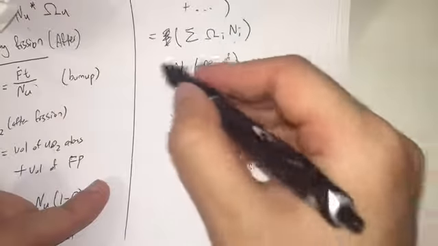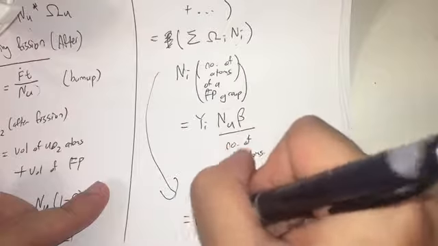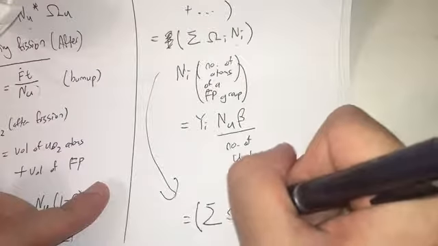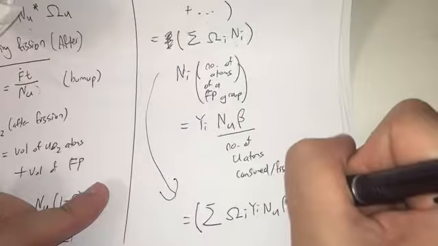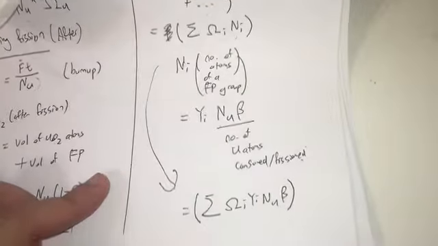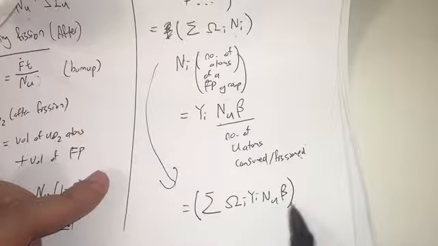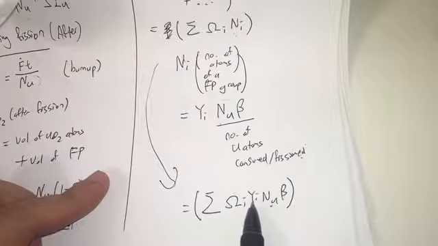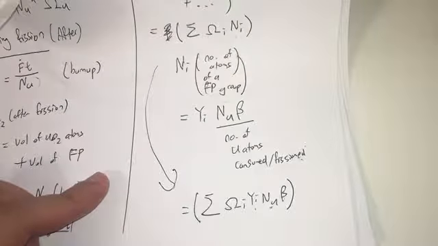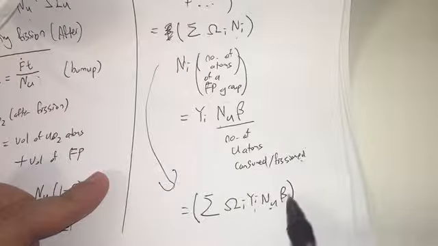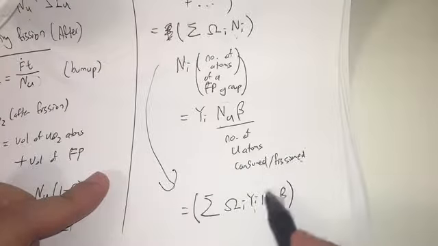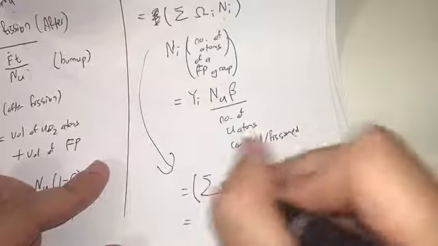So this expression can also be written as summation of omega I, Yi, and U beta. So this is the burnup times the number of uranium atoms times the yield of that particular group times the volume per atom of that particular group. Now this is independent of any group, so you can factor it out.